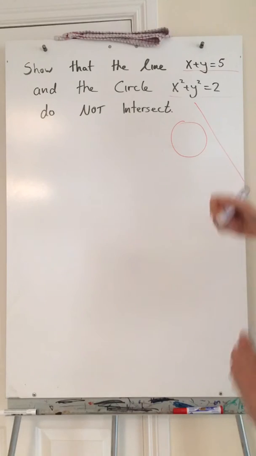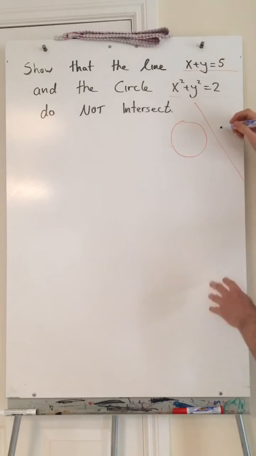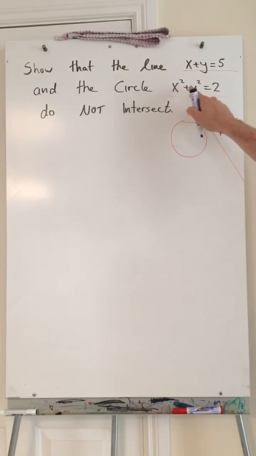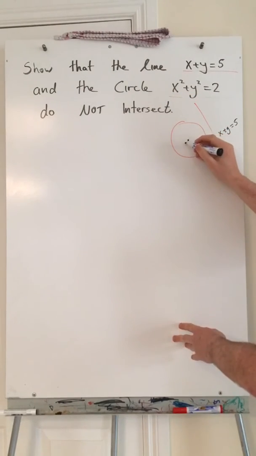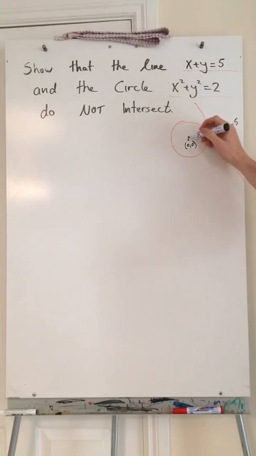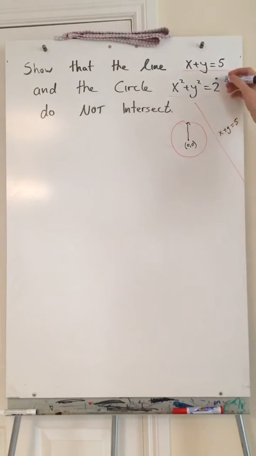So if we look here, this line here is the line x plus y is equal to 5. And this here is the circle x squared plus y squared is equal to 2. Now because it's in that format, we should know that the center of that circle is (0, 0) and the radius of the circle is the square root of 2.